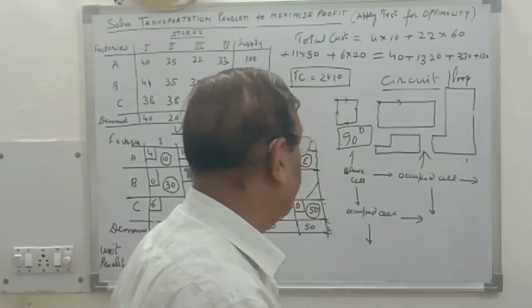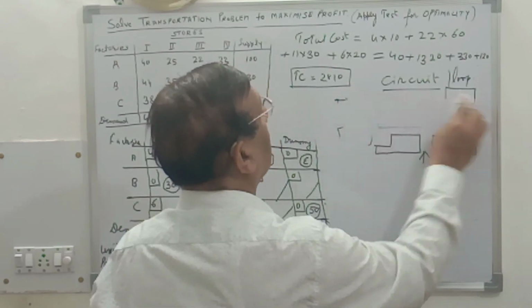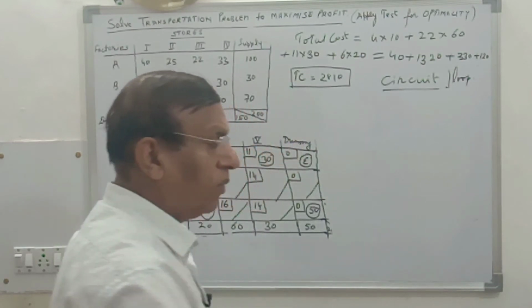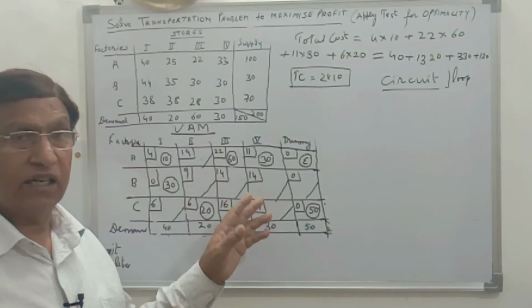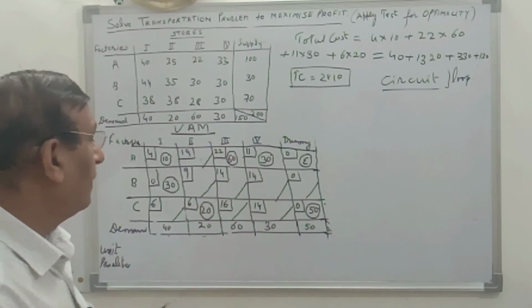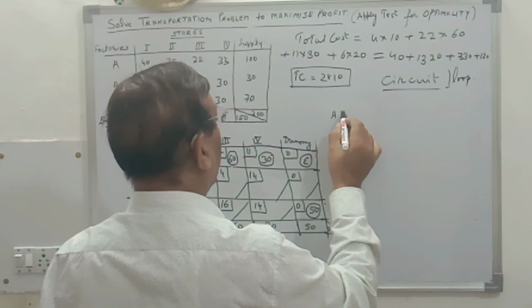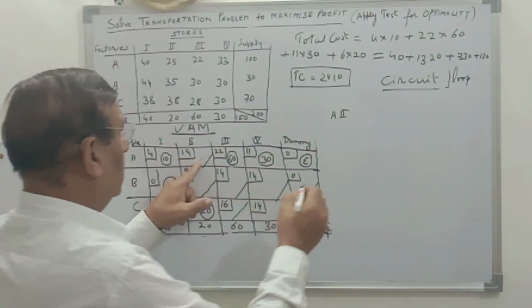Let me make it more clear, because the problem is to calculate the opportunity cost of the blank cells, whether there is a chance of allocation or not. So this is A2, first row, second column.